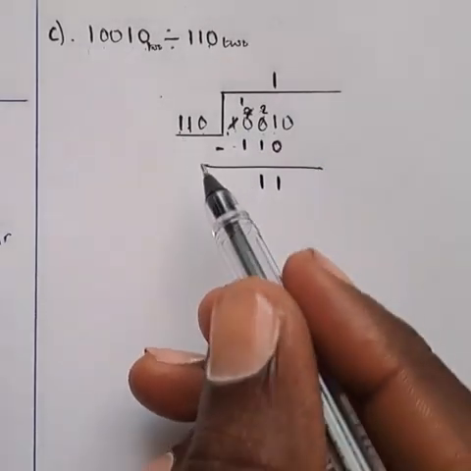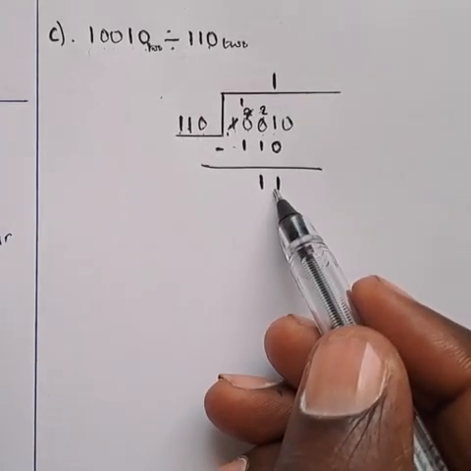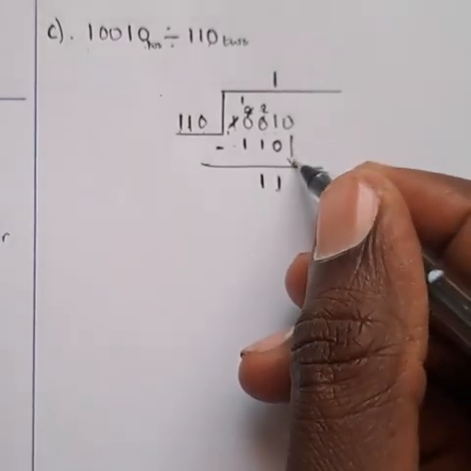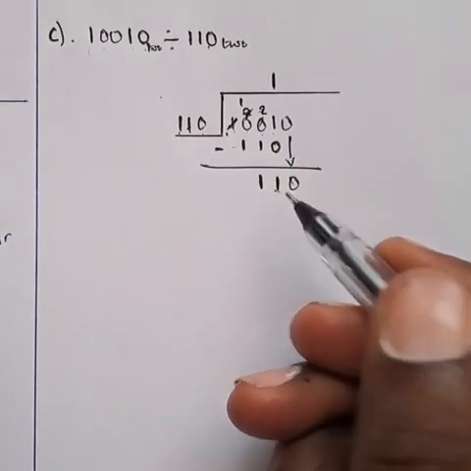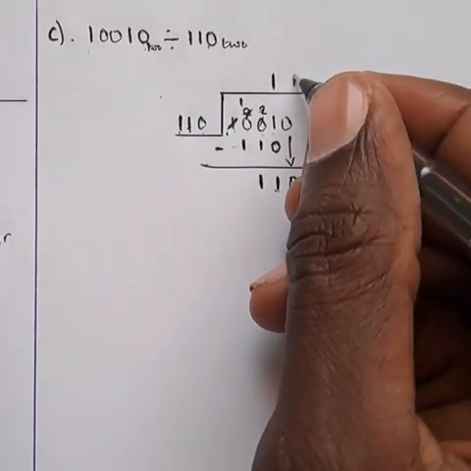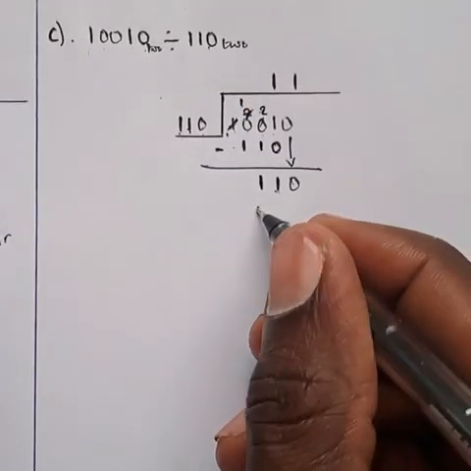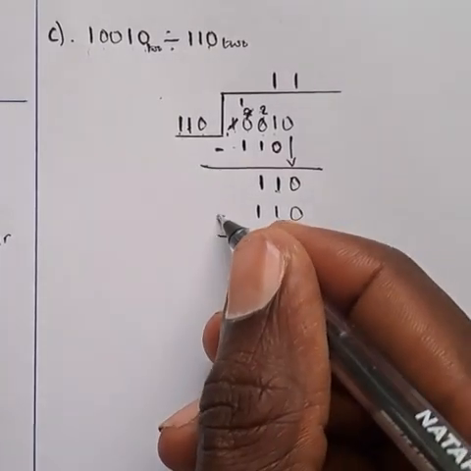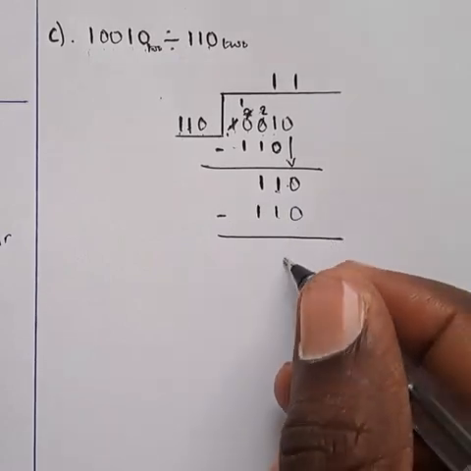So let us divide again. 110 into 11, it can't, isn't it? So we bring down this 0 here and put it there. 110 into 110, it's 1. 1 times 110, it's 110. Then we subtract. 110 minus 110, it is 0.